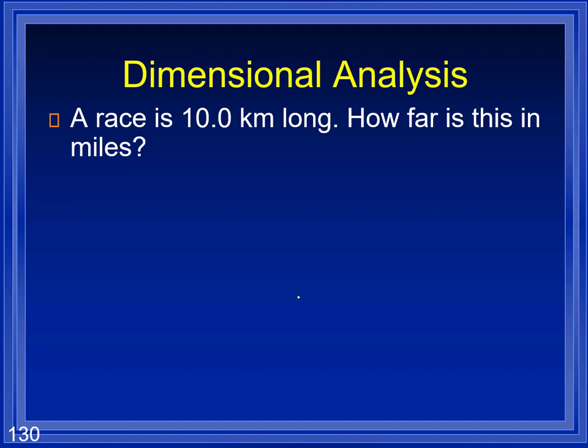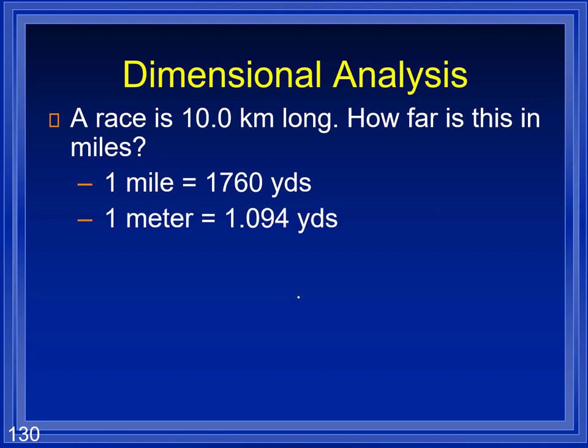Now, I will provide you with information. Here's some information. 1 mile is 1,760 yards. Because I don't expect you to know the English system. And a meter is 1.094 yards.